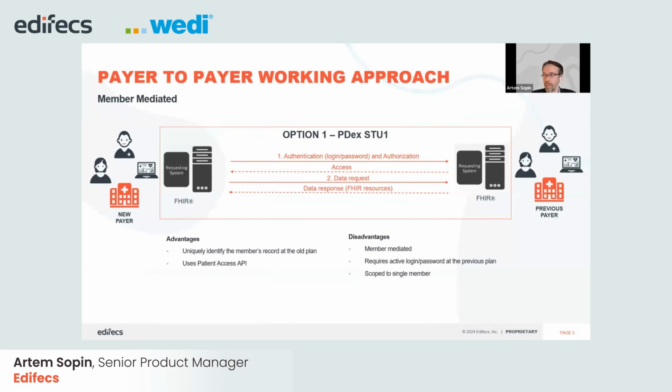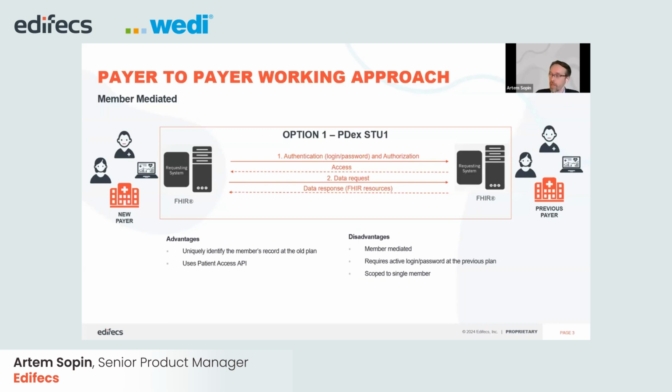And with that, the very first version, we call it option 1, it's still valid. It's basically the PDEX ESTU1 implementation guide that explains what payer-to-payer is from this perspective. And I would like to highlight this is the very first adoption of the IG. In this case, there are two plans, two payers. I call them new payer and previous payer, or old payer. The idea here is very simple.